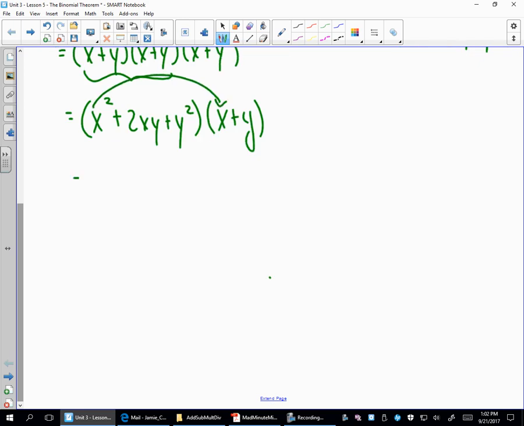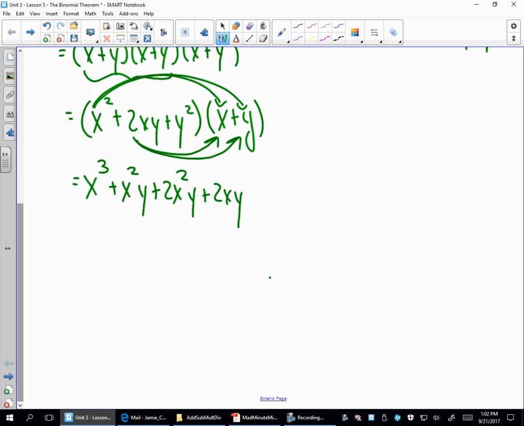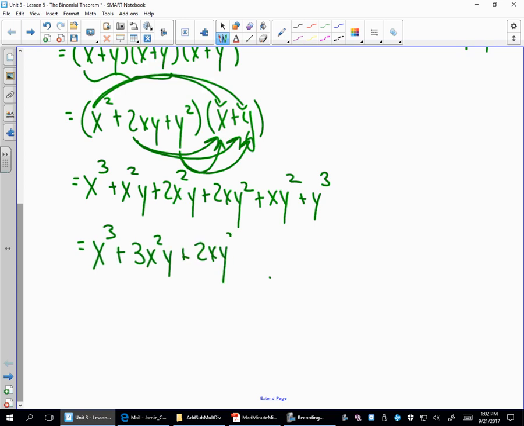So x squared times x will give us x cubed. x squared times y is x squared y. And then we'll do the second one. So 2xy times x is 2x squared y, and 2xy times y is 2xy squared. And then the last one, y squared times x is xy squared, and y squared times y is y cubed. Now if we collect this, we end up with x cubed plus 3x squared y plus 3xy squared plus y cubed.